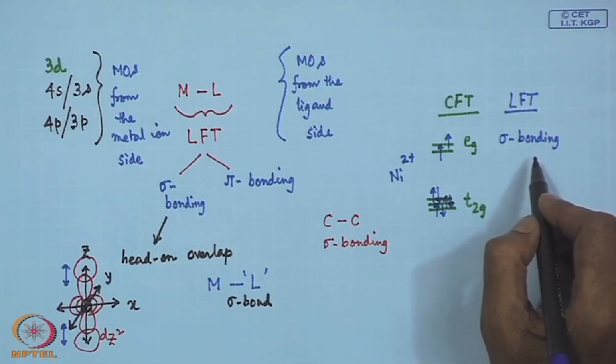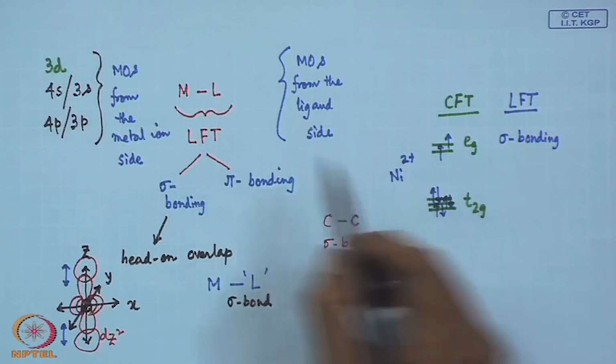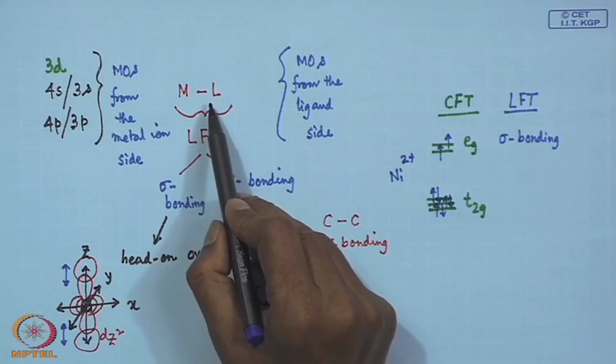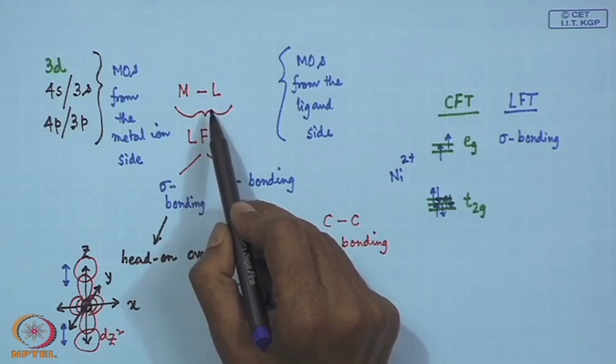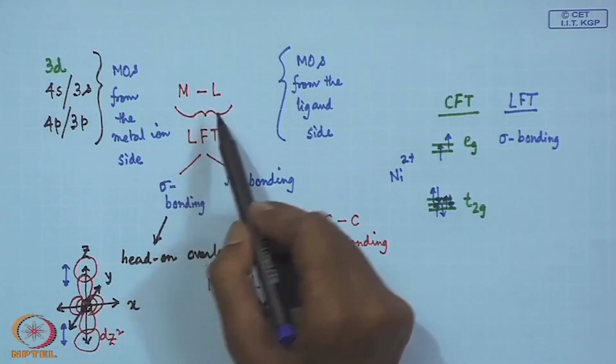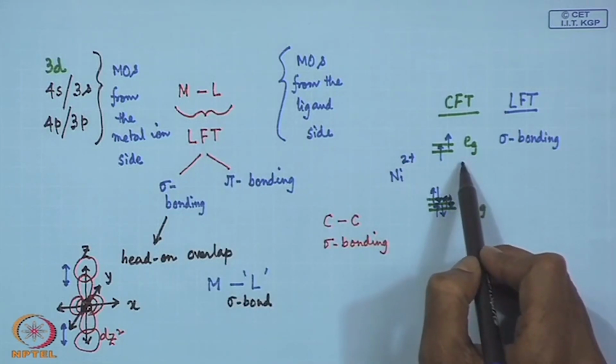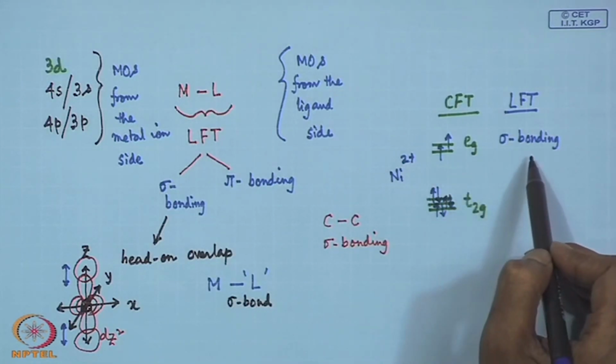As a result, if there is some metal ligand interaction and covalency, it can only be explained by the involvement of the Eg orbitals in sigma bonding.